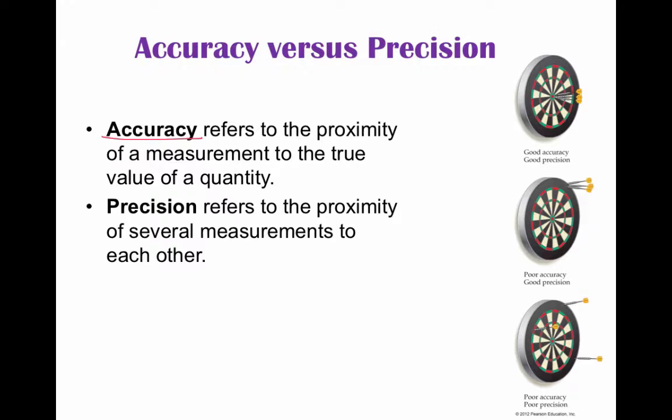Okay, so if I'm trying to find the boiling point of water and I get 90 degrees Celsius every single time, I might not necessarily be accurate, but at least I'm precise. And these dartboards on the side give you an idea for what it would look like to be accurate, precise, or just one or the other, or neither.